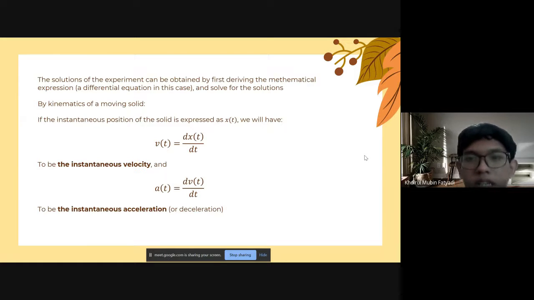It's a differential equation in this case, and we solve it by kinematics of a moving solid.